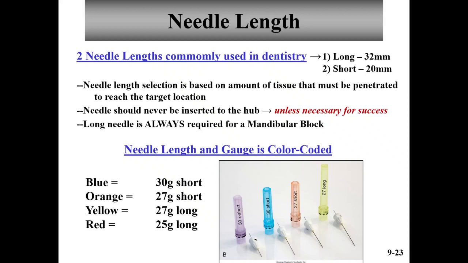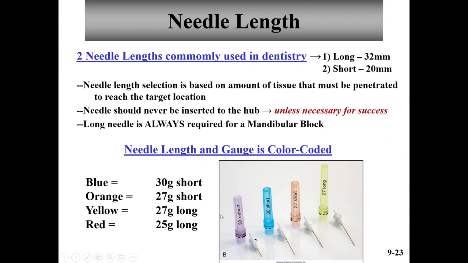And if you run into problems, if the patient jerks and something happens and that needle breaks, a 30 gauge needle breaks giving a mandibular block, you're going to lose in any court of law, period. That's your fault. Because I'm telling you, you do not use a 30 gauge short needle for a mandibular block. You have to use a long needle.